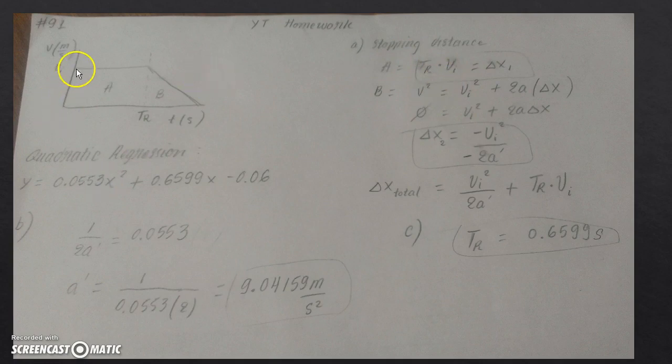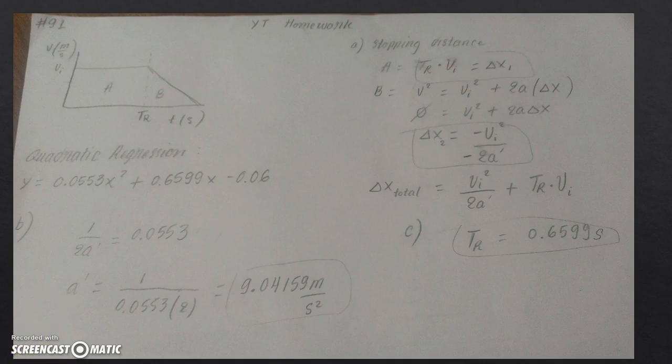And the height would just be the initial velocity. So the area of this whole rectangle is just the initial velocity multiplied by the responding time, and that would be your delta x1.